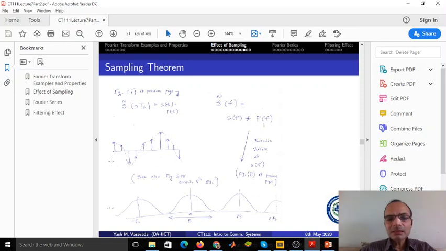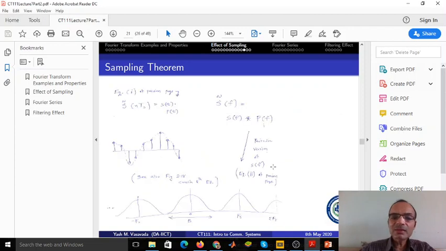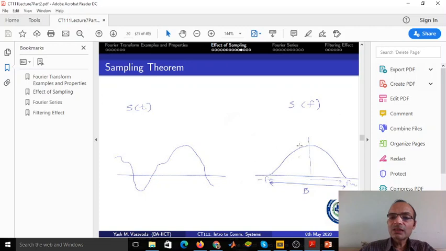The reason is that we know that after we sample, the spectrum of the signal becomes periodic. So the only difference between the continuous time signal and the discrete time signal in the frequency domain is that the continuous time signal has a frequency spectrum which is aperiodic.